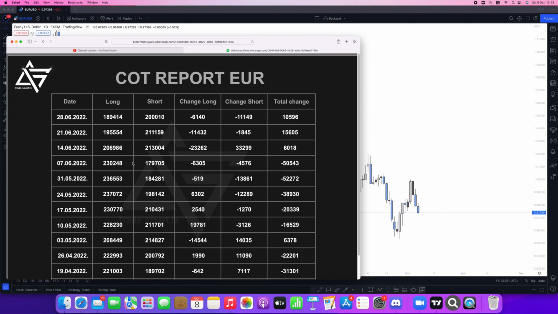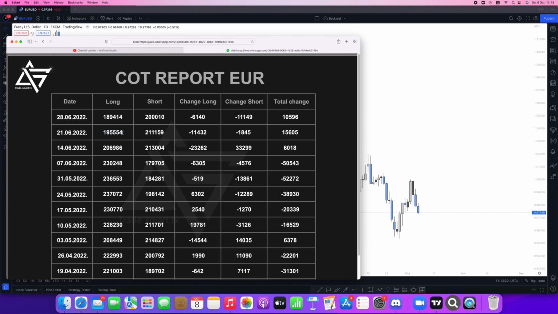So when you see something that is not quite ordinary, those times can be interesting. For example, if they had 200K shorts here, and all of a sudden, boom, they close 50K, so you see only 150,000 here. This is a massive change.